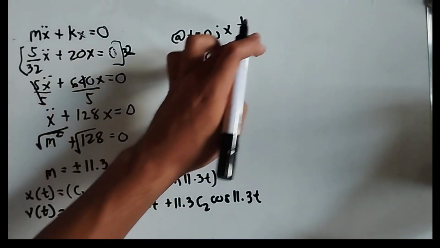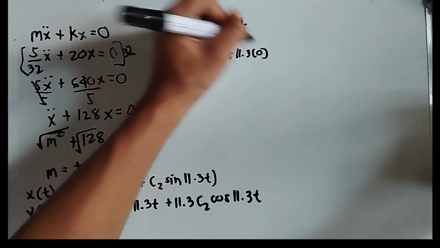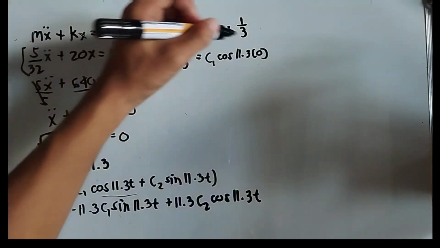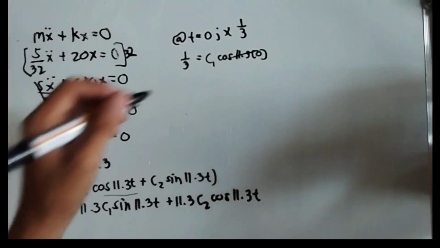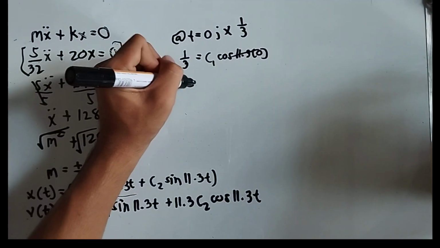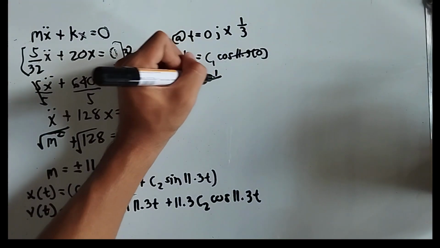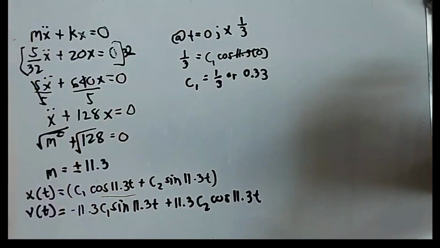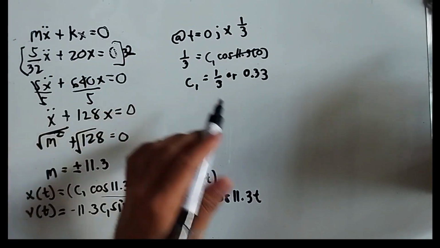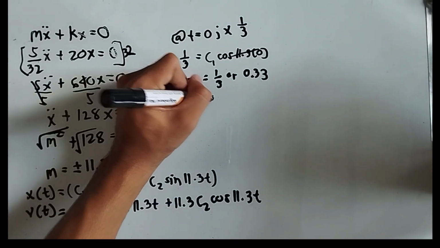Since t is equal to 0, we substitute 0 here. The cosine becomes 1, so we have c sub 1 is equal to 1/3, or 0.33.